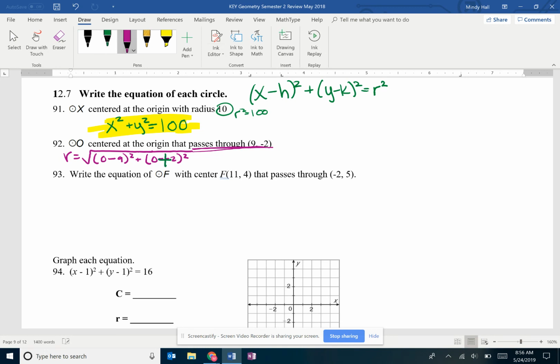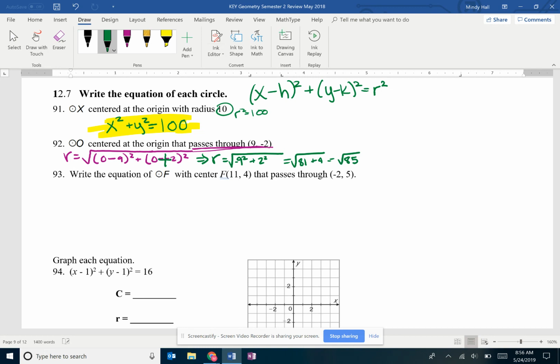So then you have, and I'm going to change colors again, that your radius is the square root of 9 squared plus 2 squared. And I know that technically that's a negative 9. Doesn't really change anything. So then this becomes the square root of 81 plus 4, which is the square root of 85.